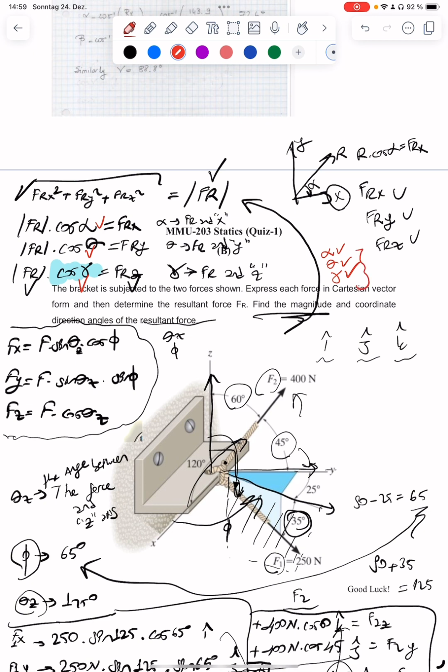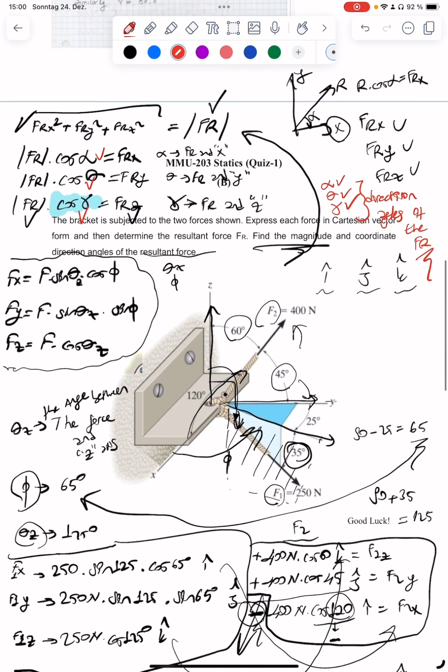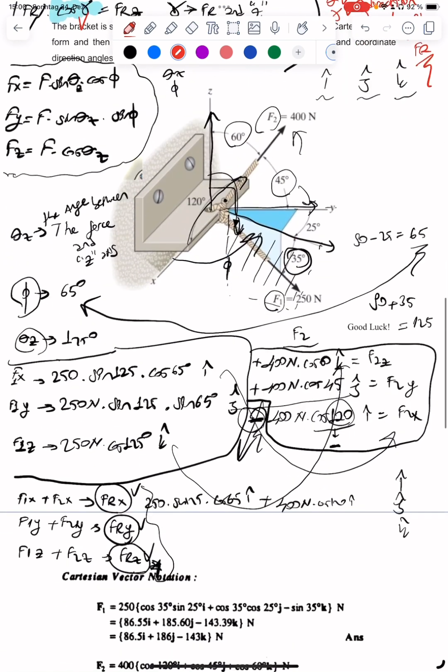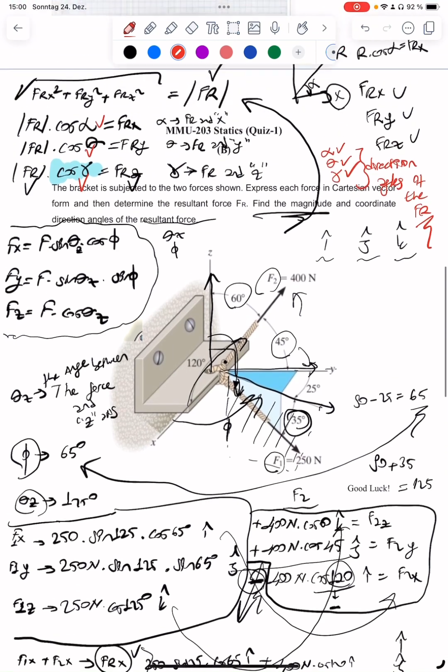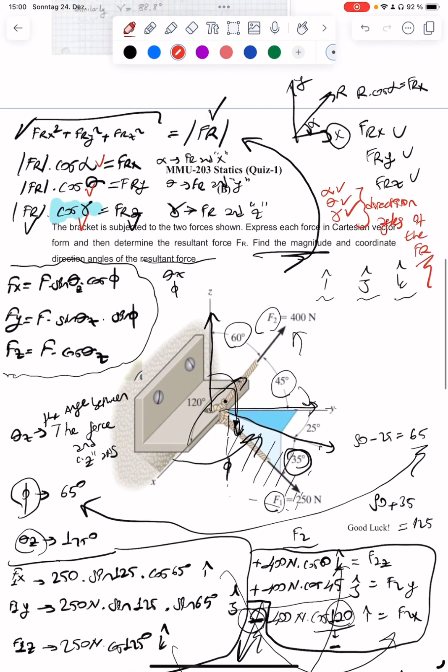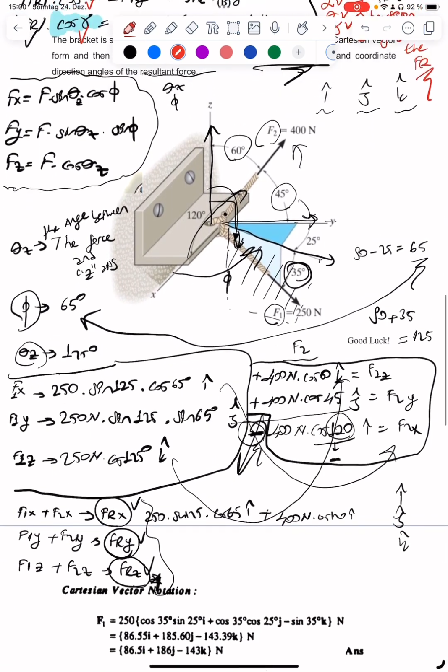These are the direction angles of the F resultant. Okay, thanks for listening to me. Today I will finish the lecture. See you later.